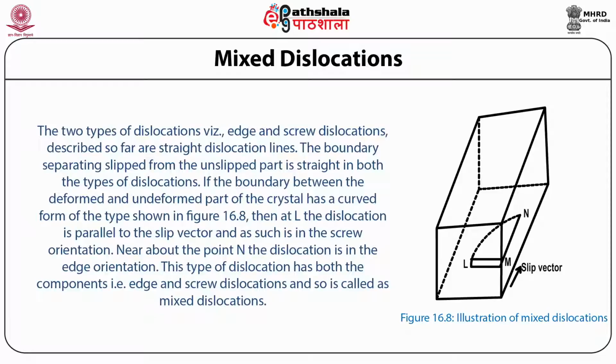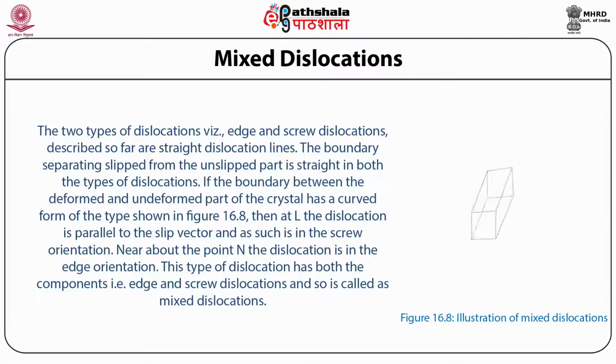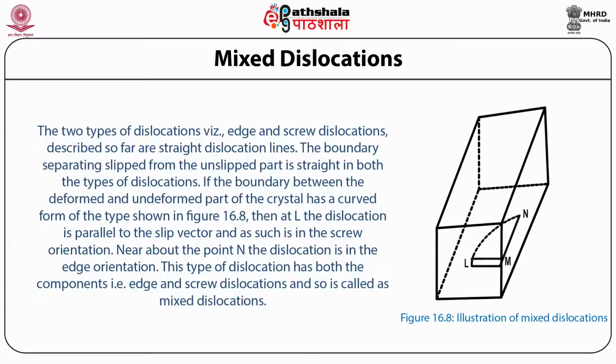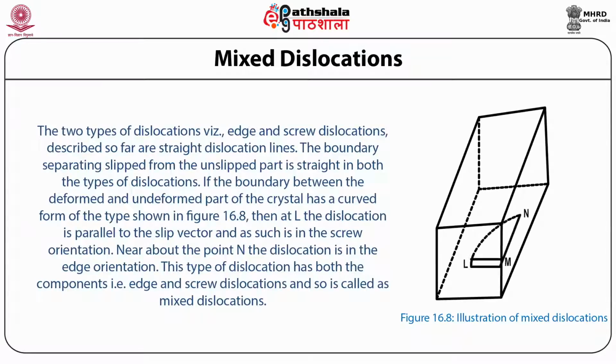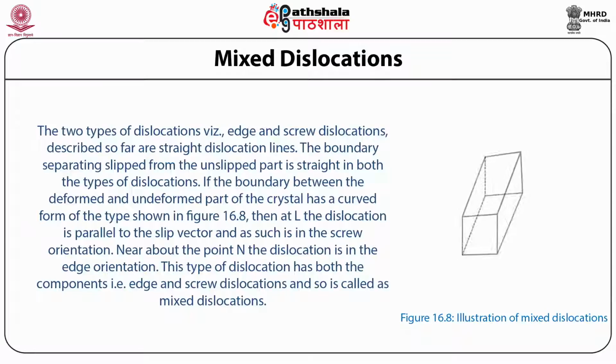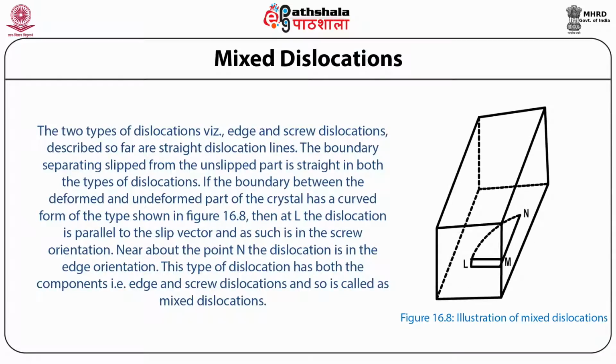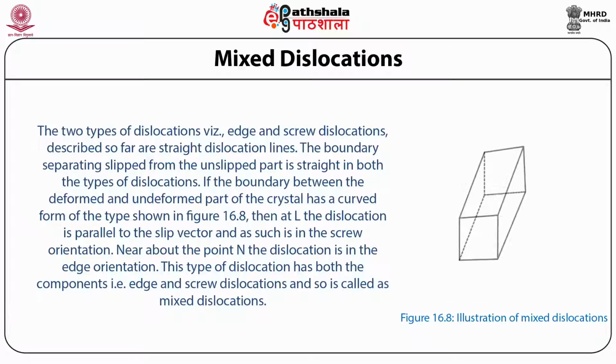Near about the point N, the dislocation is in the edge orientation. This type of dislocation has both the components, that is edge and screw dislocations, and so is called mixed dislocation. In figure 16.8 is shown how mixed dislocations are formed.